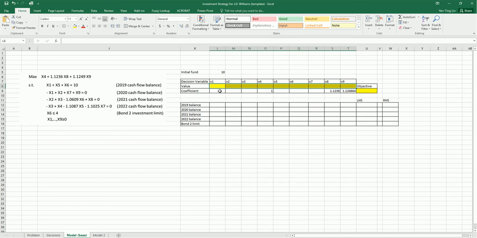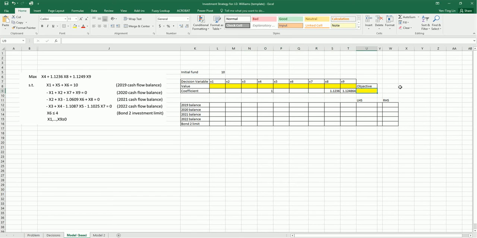You can put any value over here, even empty, it doesn't matter. This row holds the coefficients of those variables in the objective function. Our objective function only involves x4, x8, and x9, so that's why you only see numbers for x4, x8, and x9. Those numbers are simply the numbers over here. You can leave the rest empty.